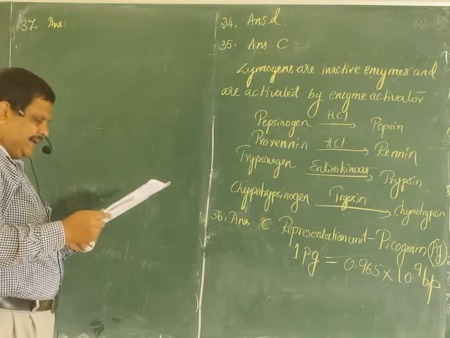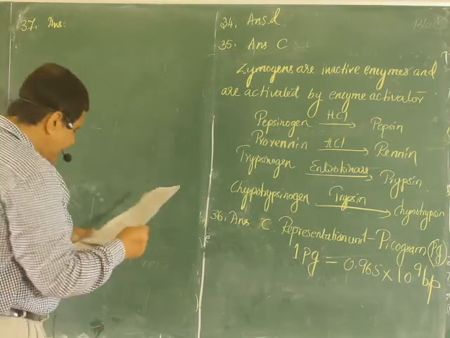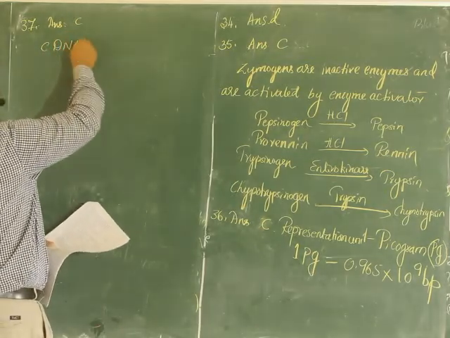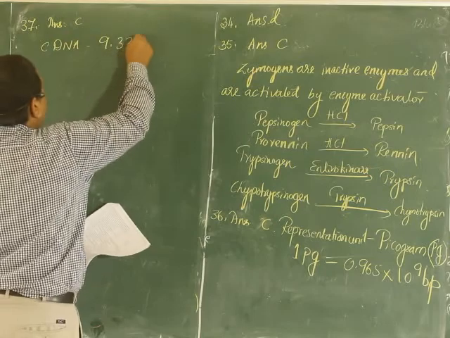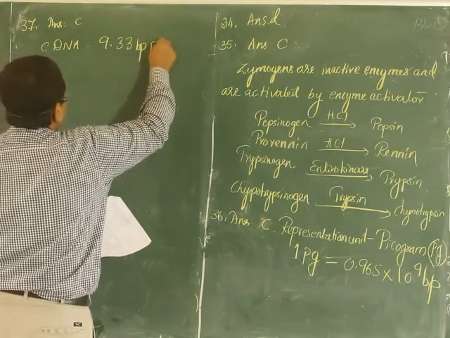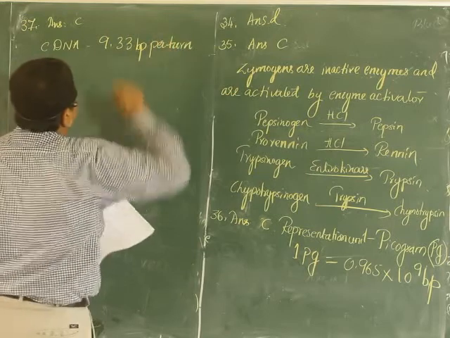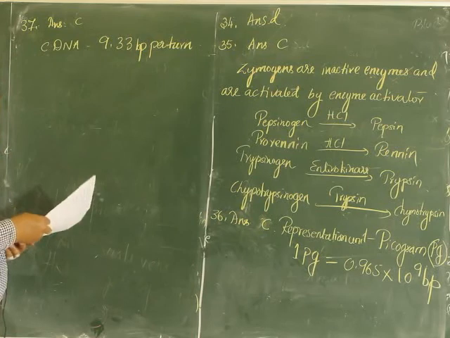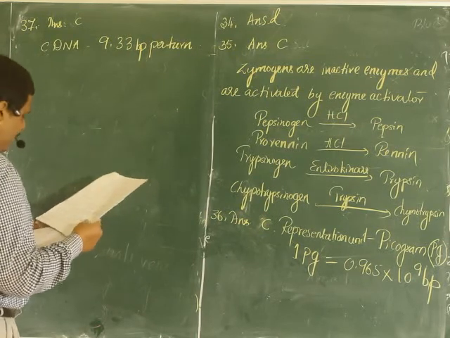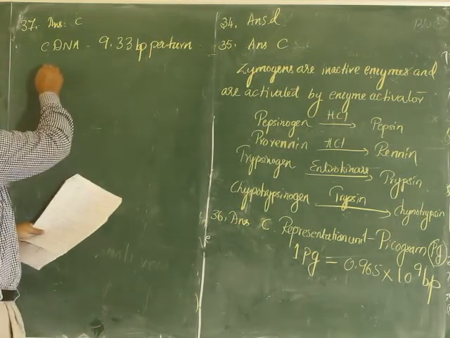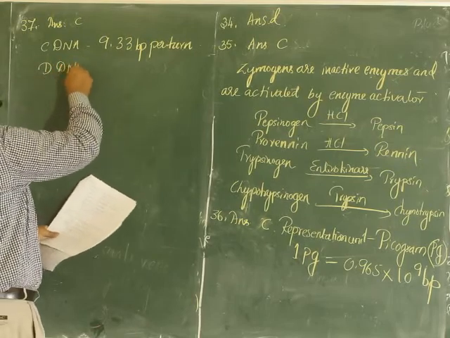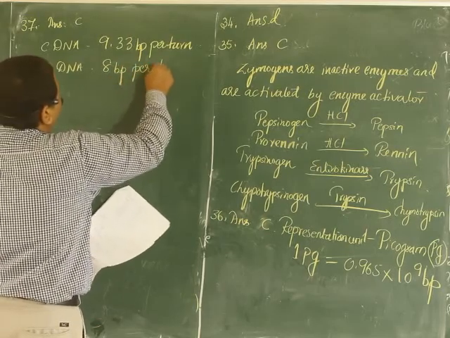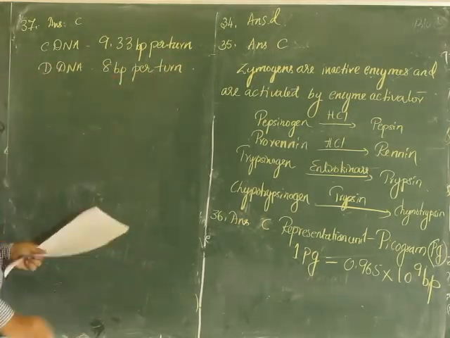I think it is C, because C DNA has 9.33 base pairs per turn, and D DNA has 8 base pairs per turn.